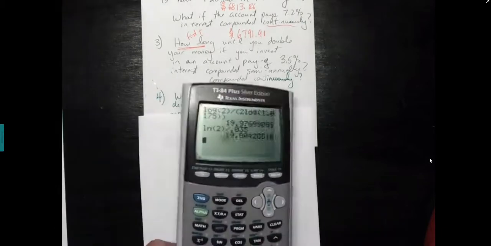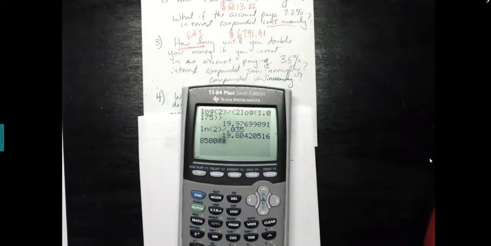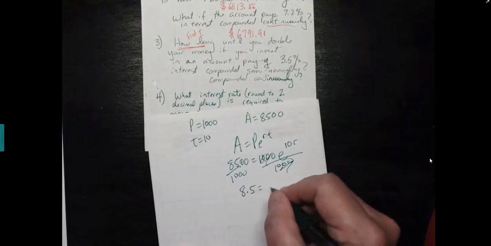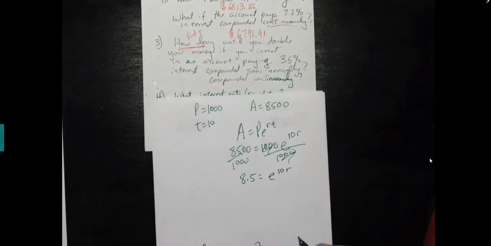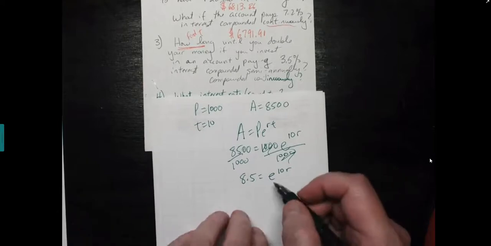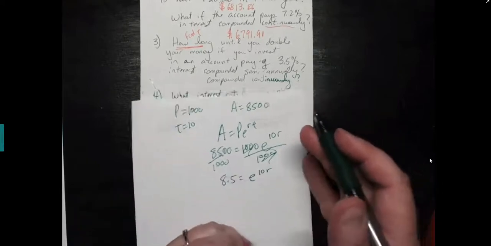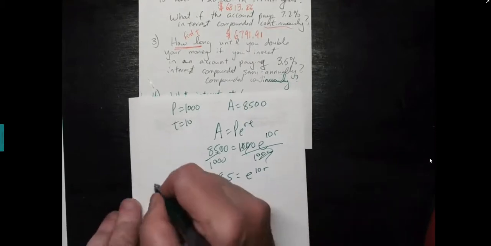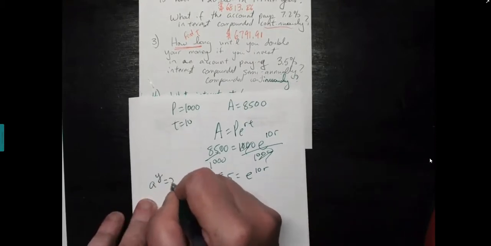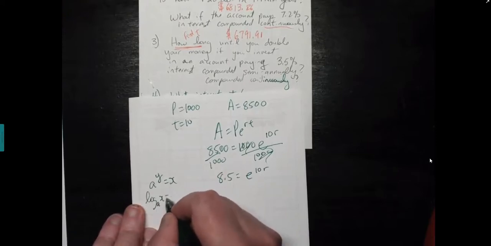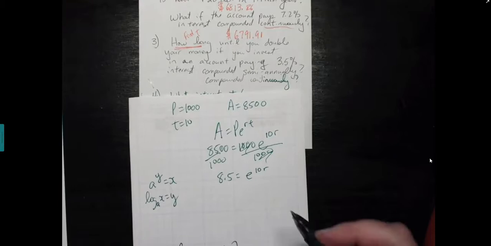And so I'm going to have 8.5 equals that. And I could take natural logarithms of both sides again. Another way is I could convert this into logarithmic form. If you have something like that, then you can rewrite it into logarithmic form.